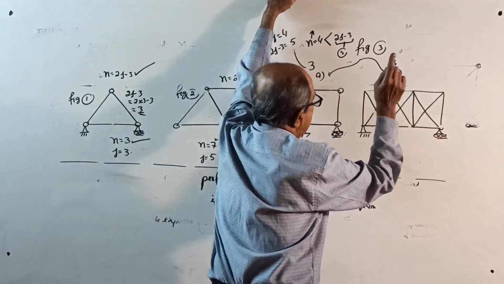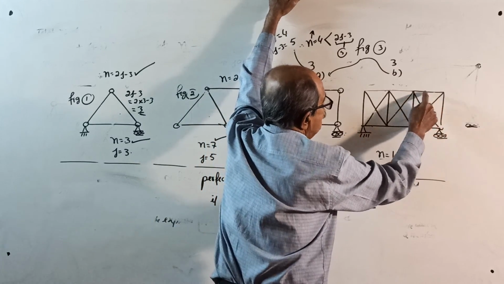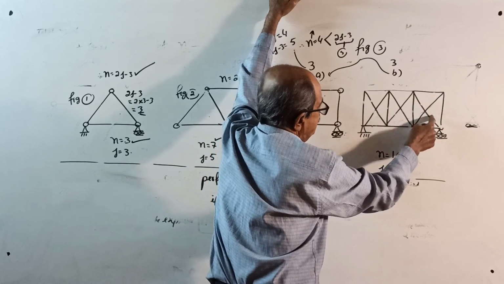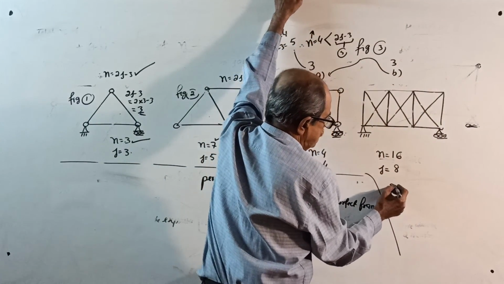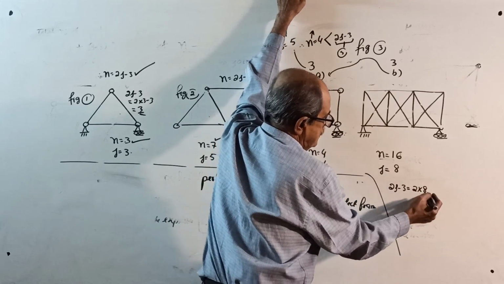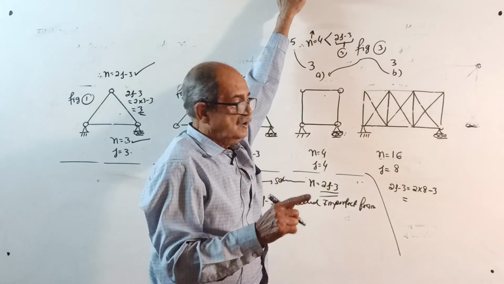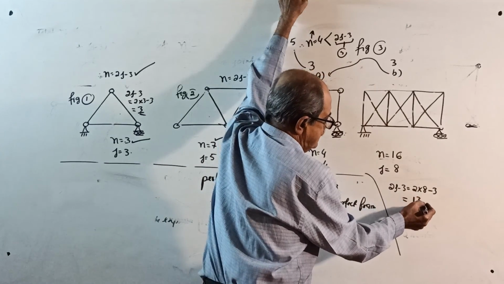Then further, here, number of members: 1, 2, 3, 4, 5, 6, 7, 8, 9, 10, 11, 12, 13, 14, 15, 16. So 16. Number of joints, 8. Calculate 2j minus 3. 2 into 8 is 16, minus 3 is 13.